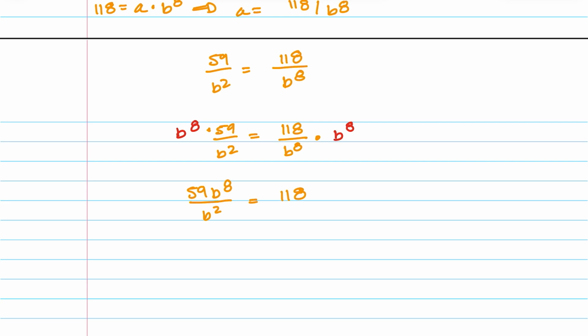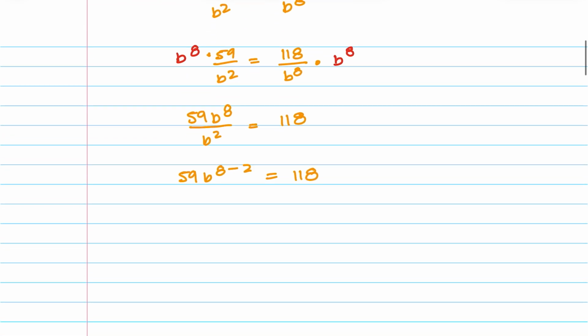We can rewrite the left-hand side as 59 times b to the 8 minus 2 is equal to 118. By using this exponential property, we get 59 times b to the 8 minus 2, which is 6, is equal to 118.